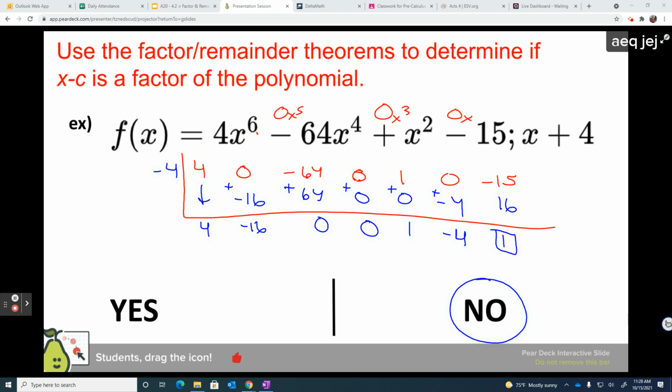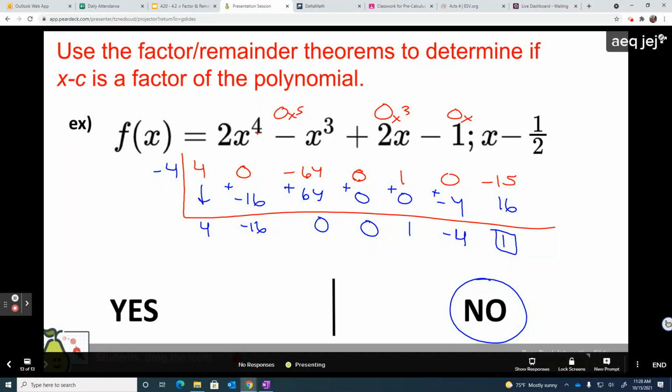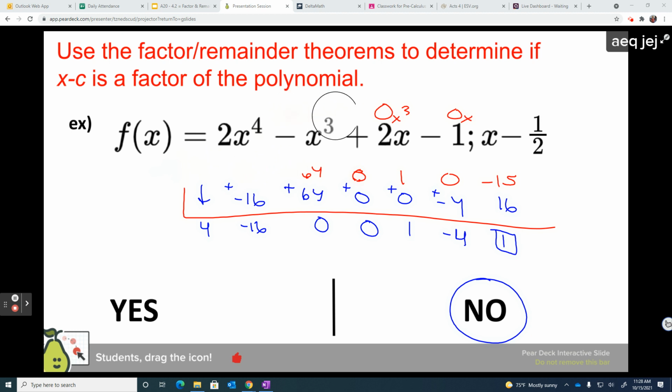Got one more fraction. Finish it off here. This one, you only need one placeholder.